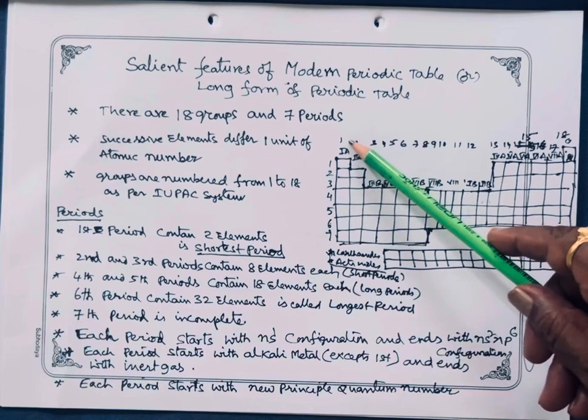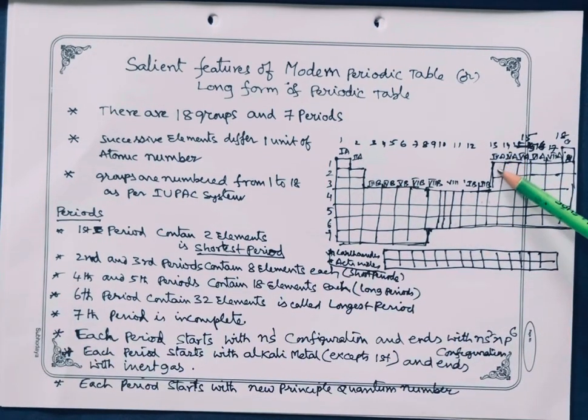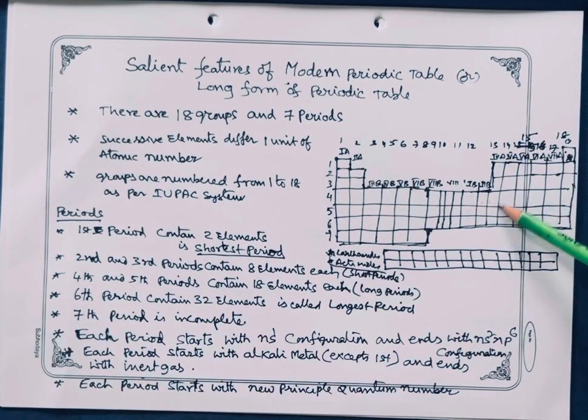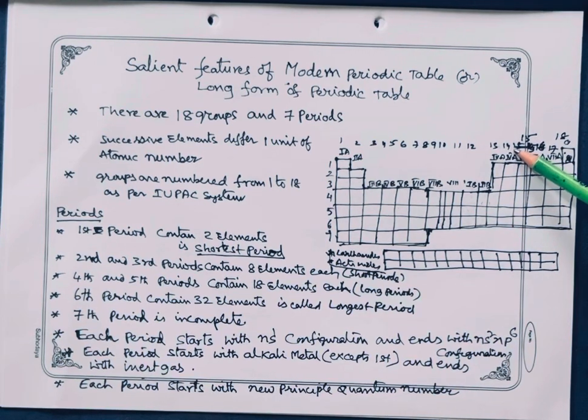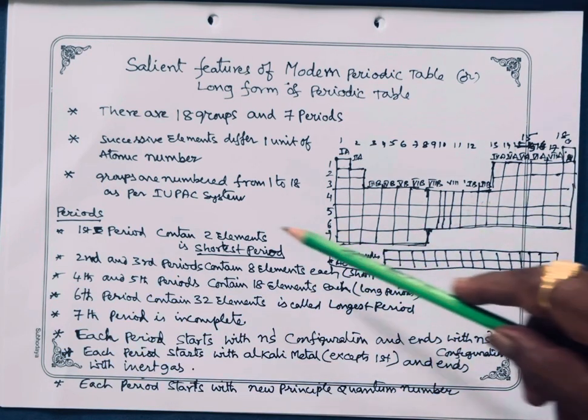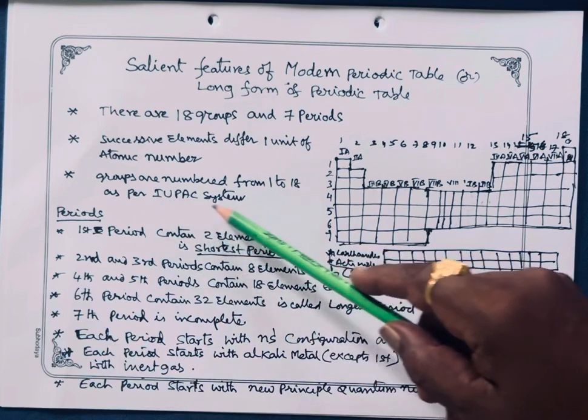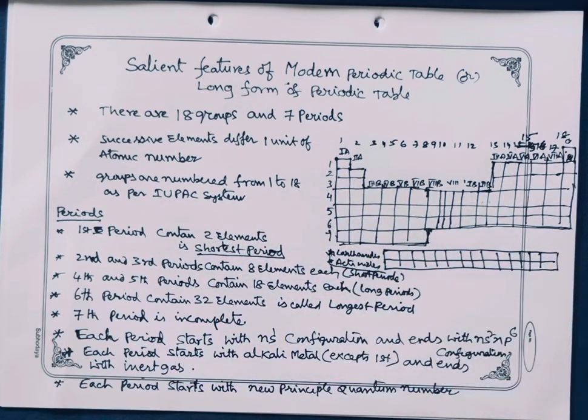So you should calculate like this. Suppose third A group is, according to the IUPAC system, group 13. Fourth A group is group 14. Zero group is the 18th group. So remember, groups 1 to 18 are numbered as per the IUPAC system.